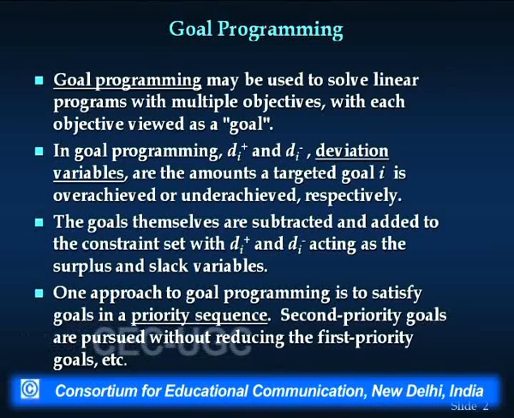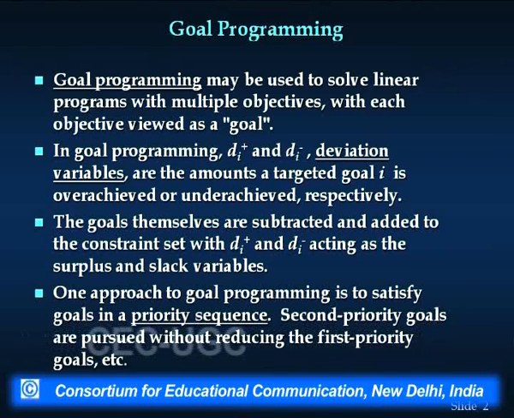We'll see how to formulate the problem, but at this stage we have to understand these deviations in the goals as di plus and di minus, and i shows a particular priority goal.